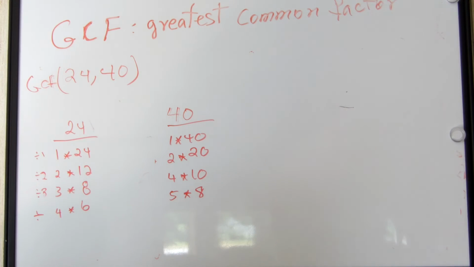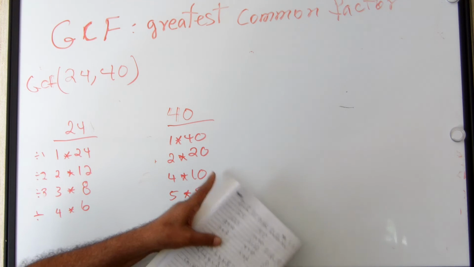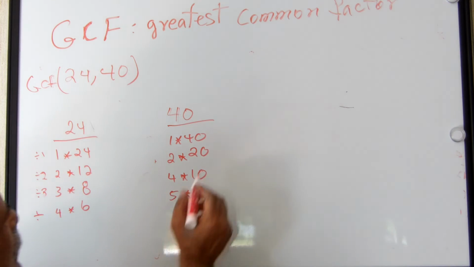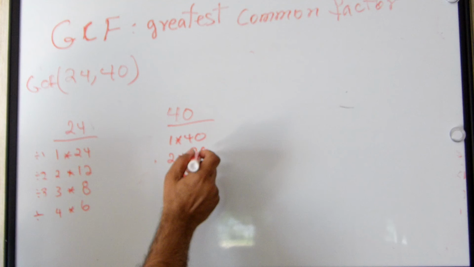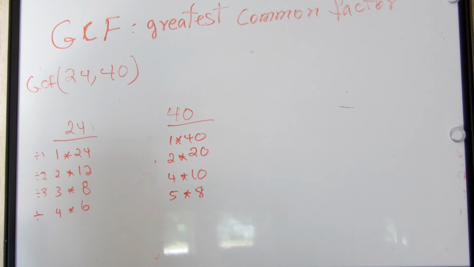6, no. 7, no. 8, no. 9, no. 10, yeah, we already did 10. And then 11, no, up to 20 we can do, and then 21, 22, 23, up to 40. We see there is no other factor.